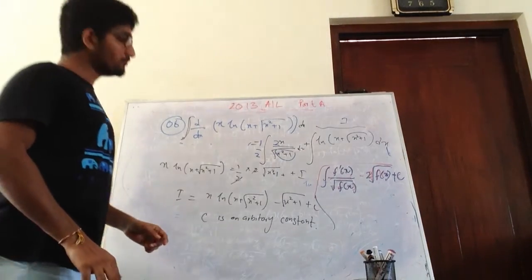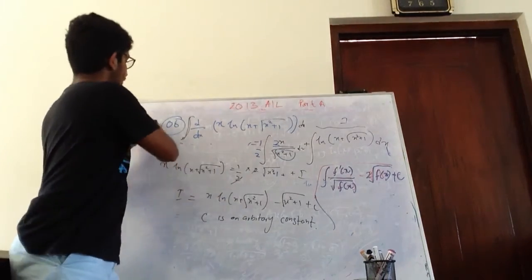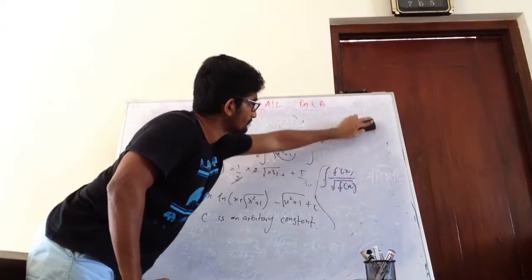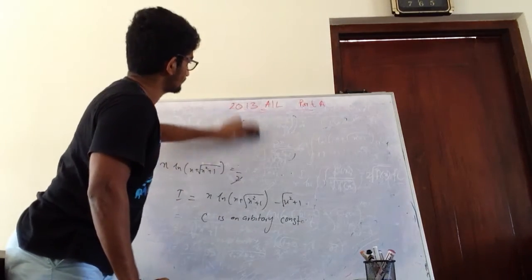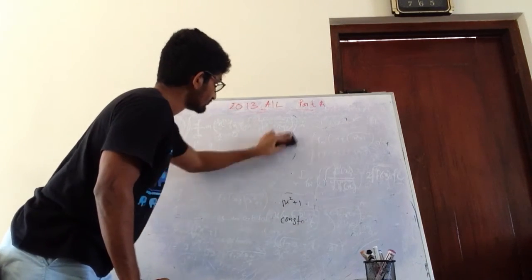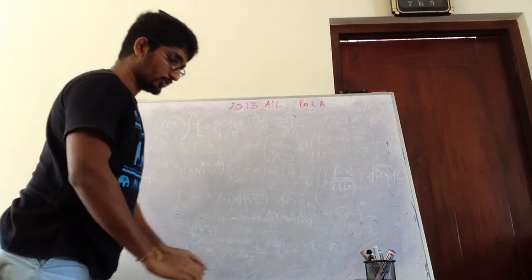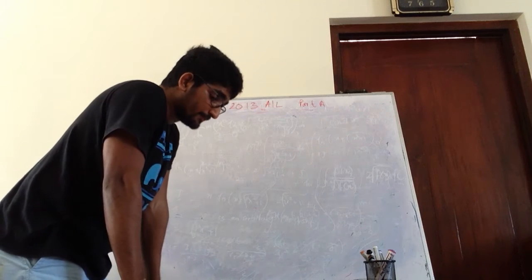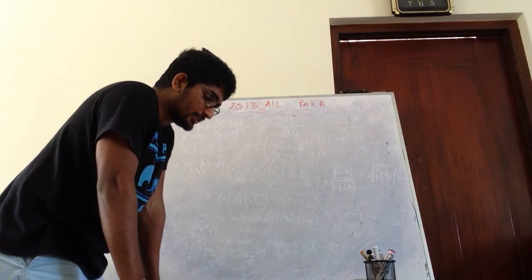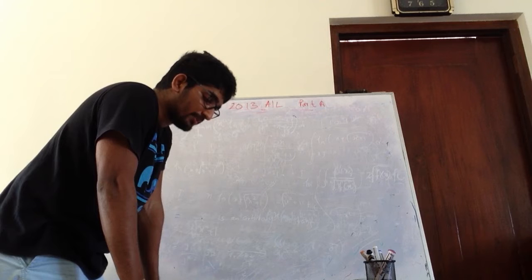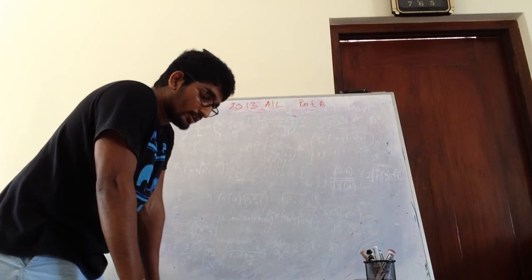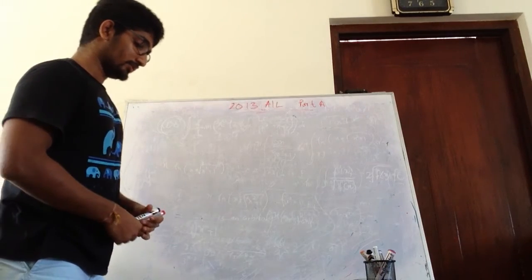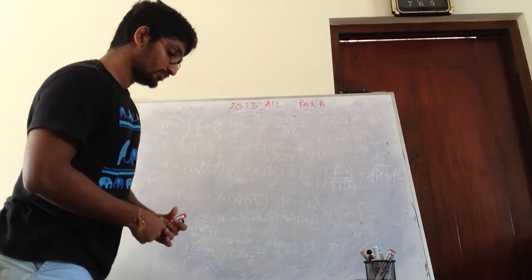So question number 7. Right, in question number 7 they are saying the image of the point 3, 1 on the straight line x plus 2y plus a equals 0 is 3 over 5, b.